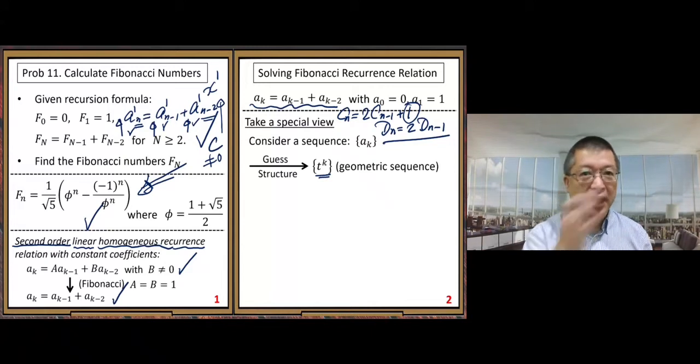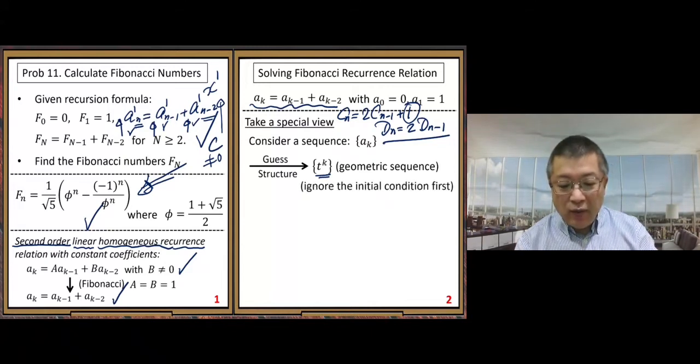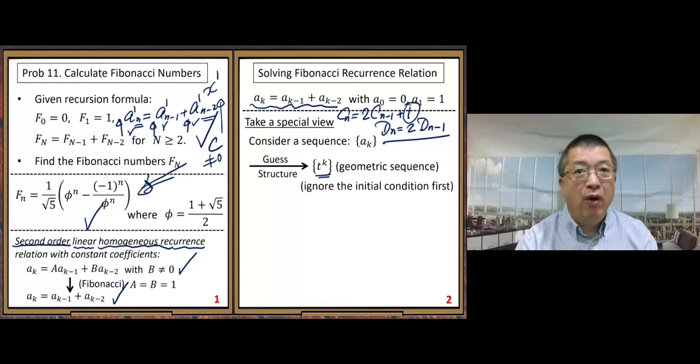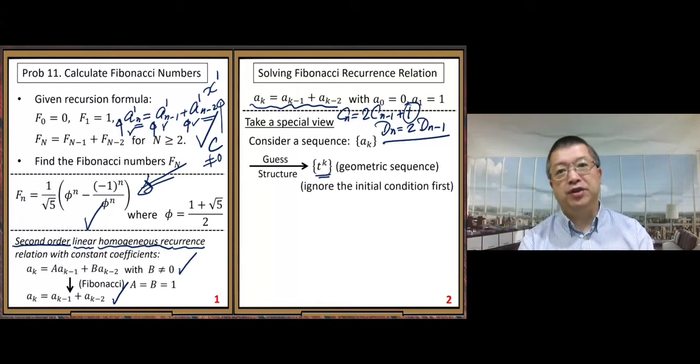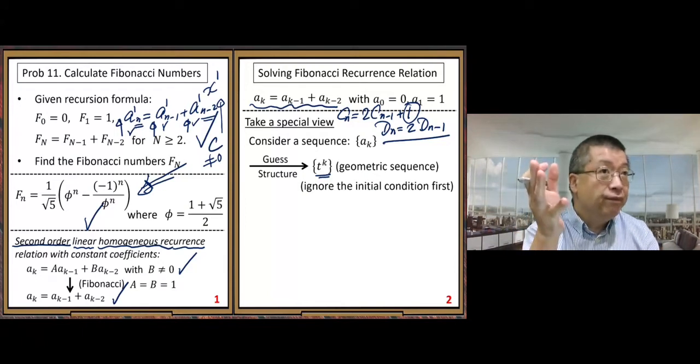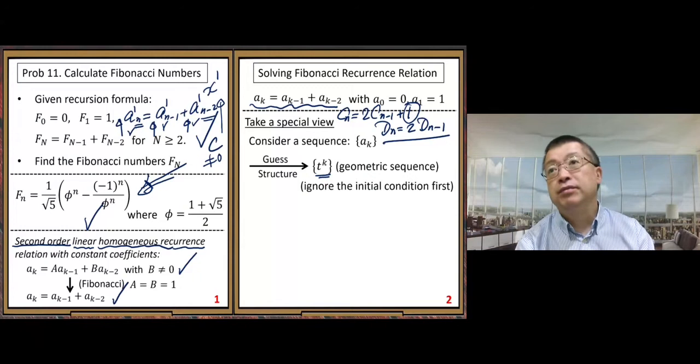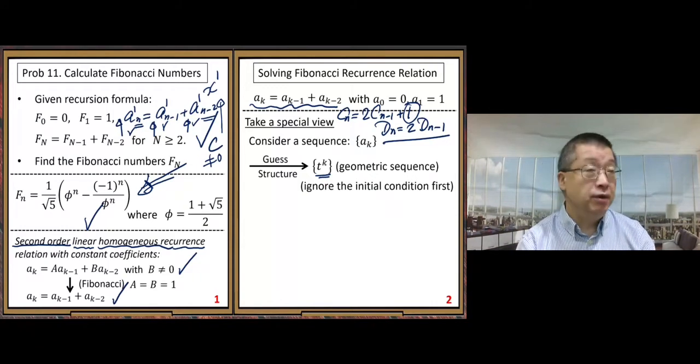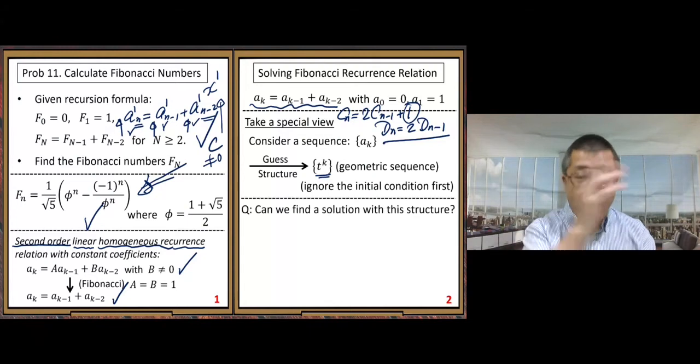When we try, we should ignore the initial condition first. Later we will fix it, but at this point, let us ignore it so that we can do it faster, easier. All right, so let's work on it.